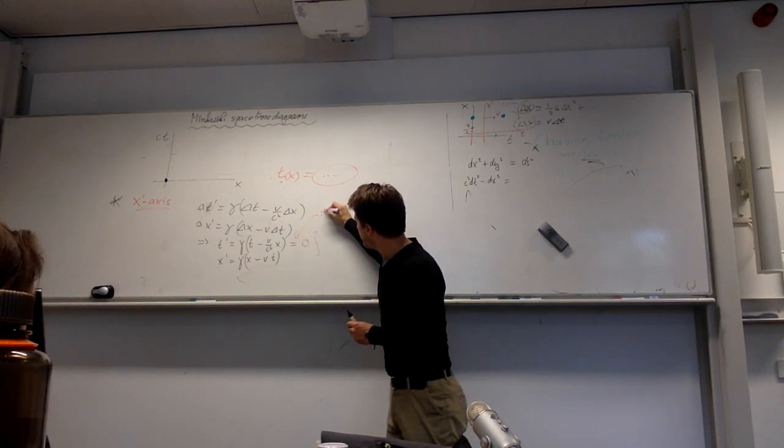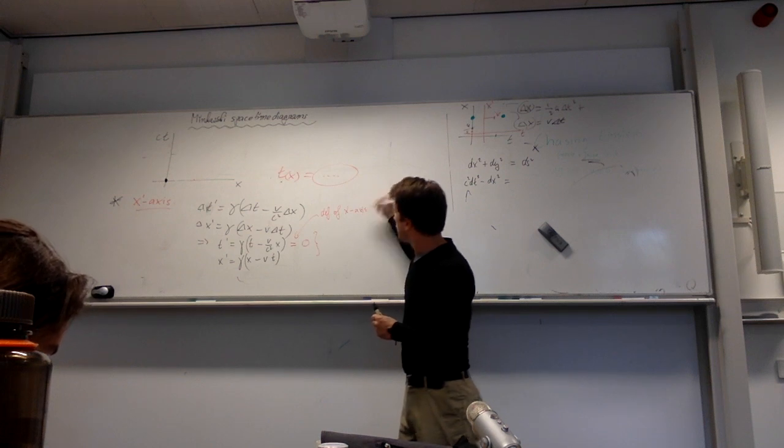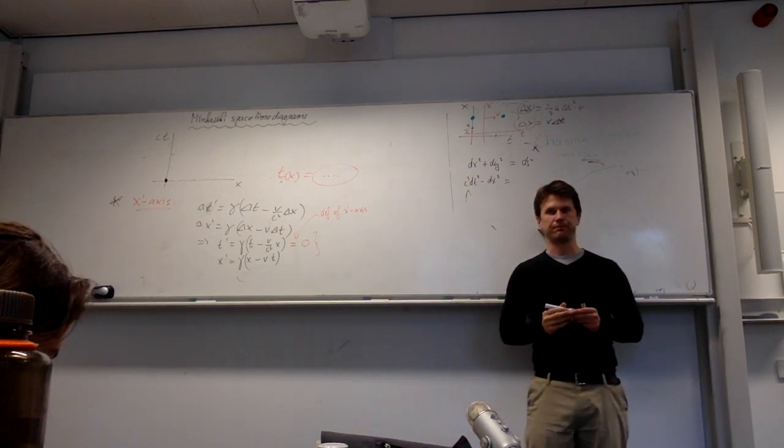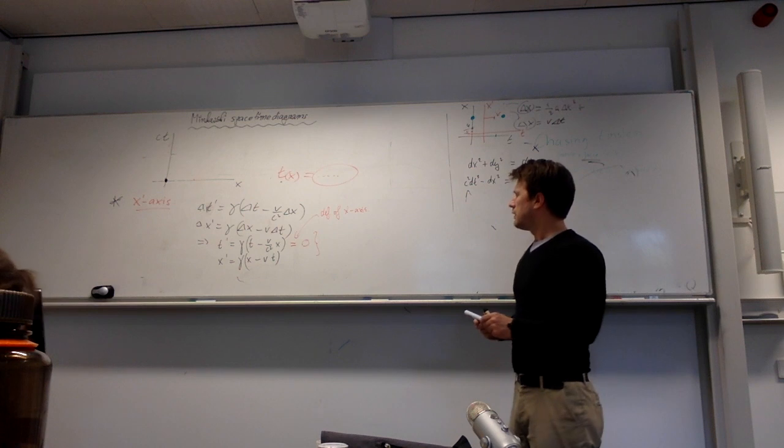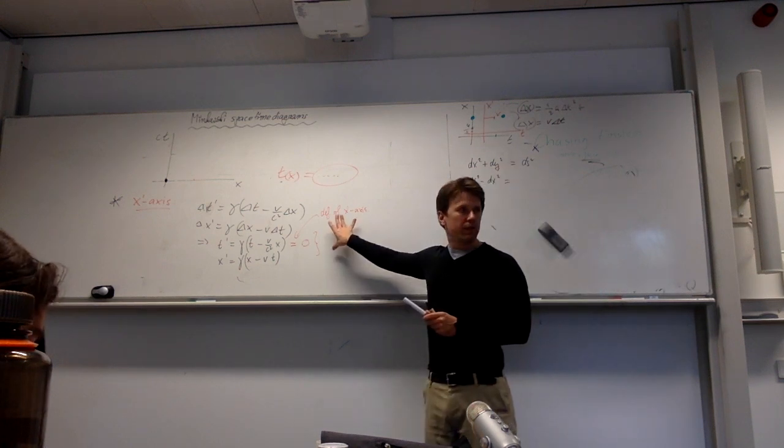So this point is the definition of the x prime axis. That's what we have. Good. Let's continue with that conclusion.